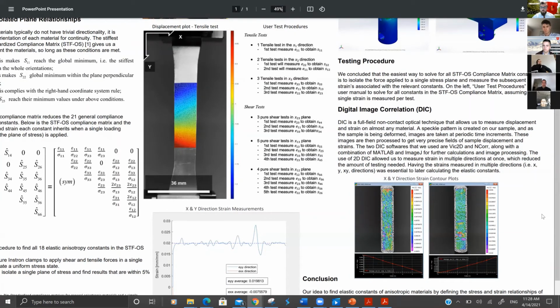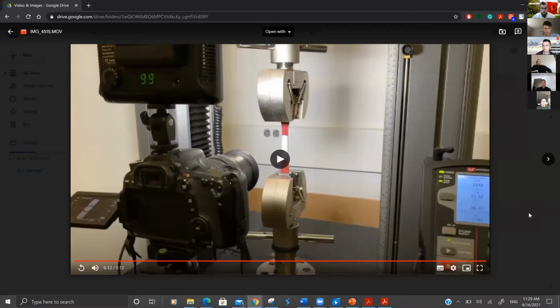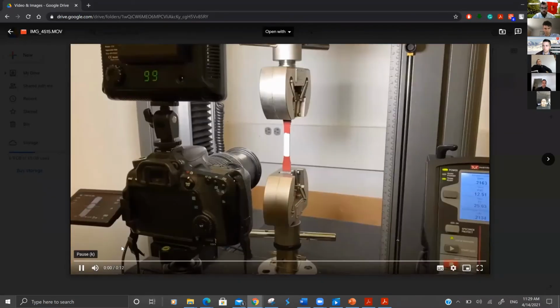DIC was very important in helping us isolate the strains in multiple directions. Here in the two images, you can see two different directions, the X direction and the Y direction, and you can really isolate any direction. So Isan will now be pulling up a video of our DIC setup with our DSLR camera.